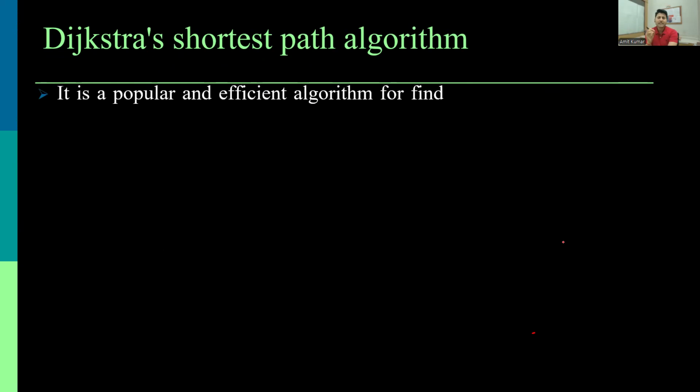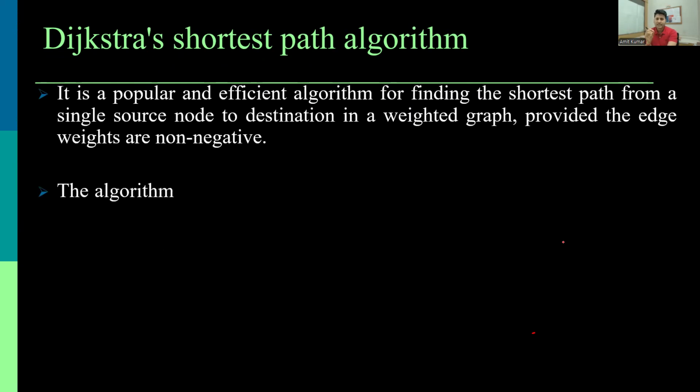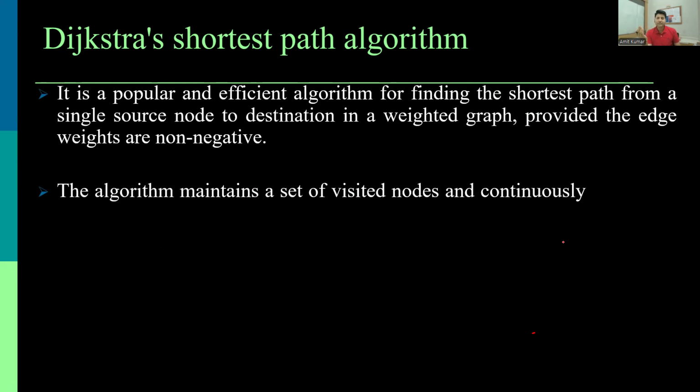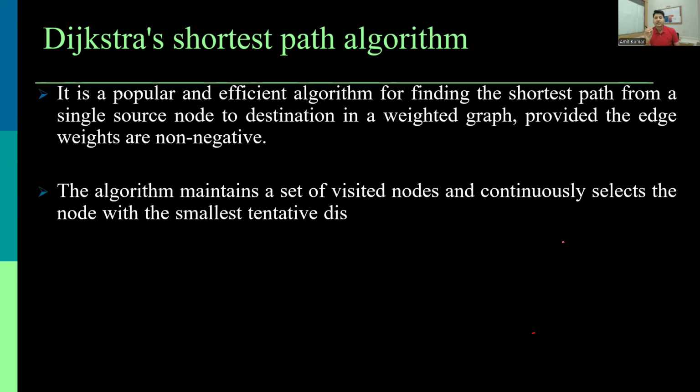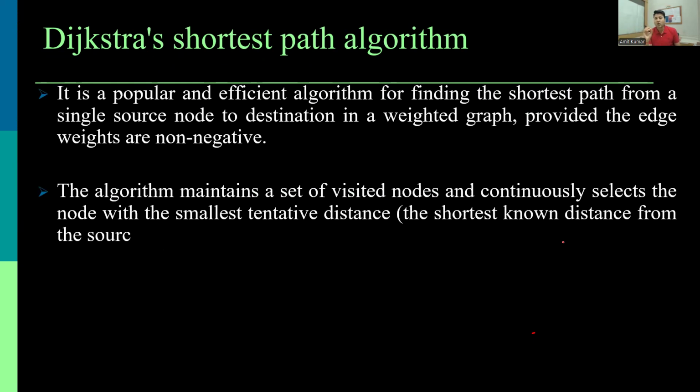Dijkstra's algorithm is based on certain prerequisites. One of the prerequisites is that the weighted graph must have the weight of each edge as a non-negative number. If the edges have a negative weight, then this algorithm can't be used to find the shortest path.